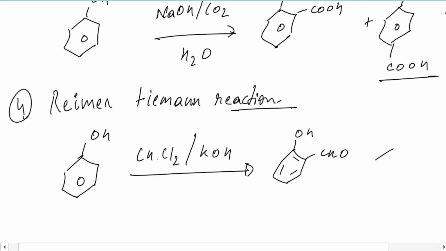If it's CHCl3, chloroform, then what is formed is salicylaldehyde, and if it's CCl4, carbon tetrachloride, then what is formed is salicylic acid.